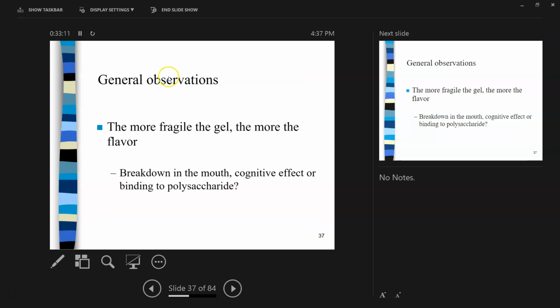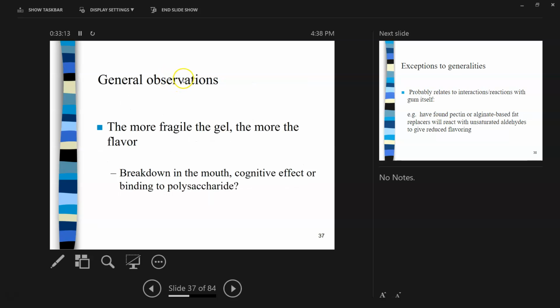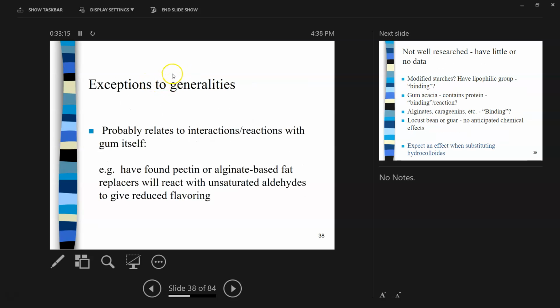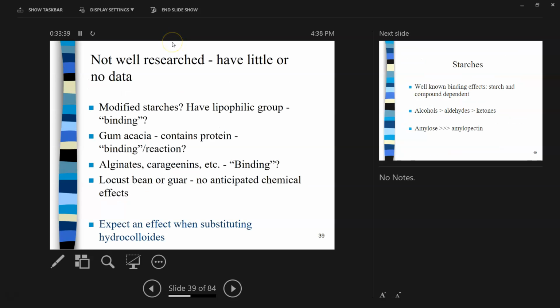The general finding was, okay, but what about these exceptions? The two that didn't fit this plot may well have been where there are real chemical reactions occurring between these thickeners and the flavor. Gelatin, for example, is a protein. Protein reacts with flavor, and so in some cases there may have been a real chemical effect.